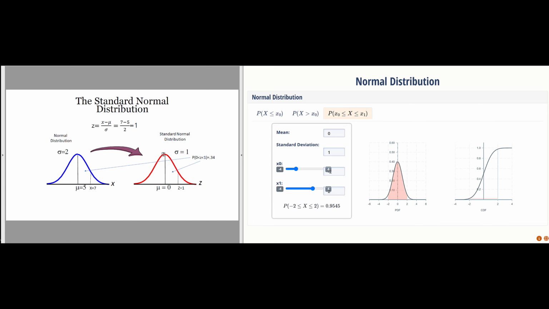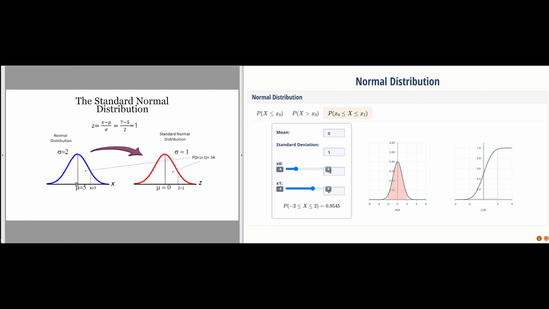How do you compute, let's say, if your distribution's mean is 5 and standard deviation is 2, and what you would like to do is to compute the probability that you draw a number that's less than or equal to 7, how do you convert that into a standard form so that you can then use something like this normal distribution widget or look up a value in a table, because tables and calculators pretty much always are based on the idea of having a mean of 0 and standard deviation of 1 around the mean.